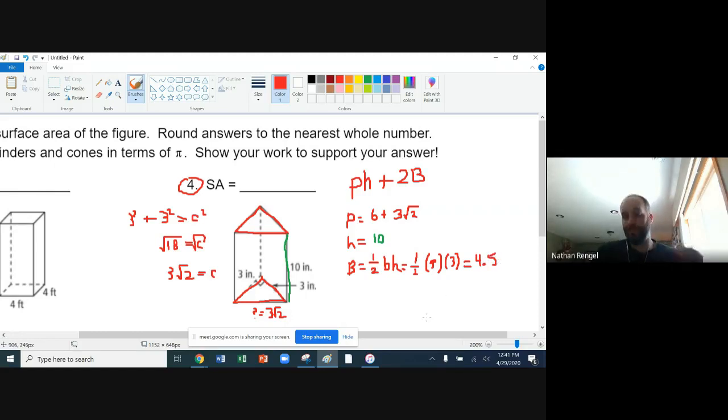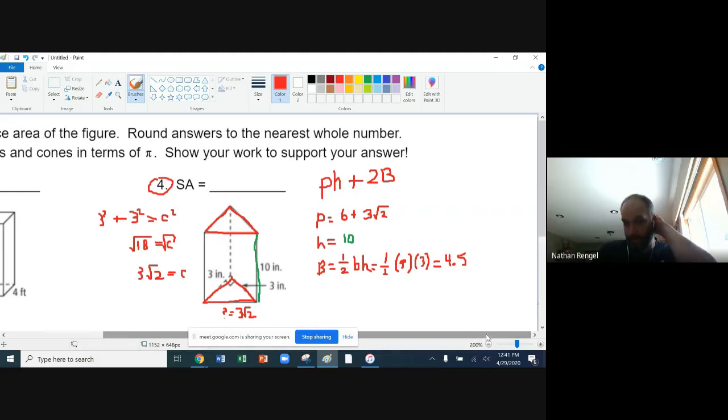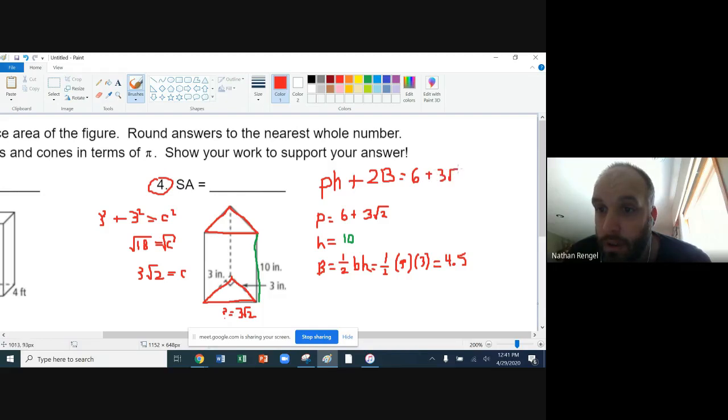Once we have those pieces, now we're ready to find the surface area. Up here, we're going to plug those values back in. First, my perimeter is 6 plus 3 roots of 2, which I'm going to put in parentheses, times 10, plus 2 times 4.5.